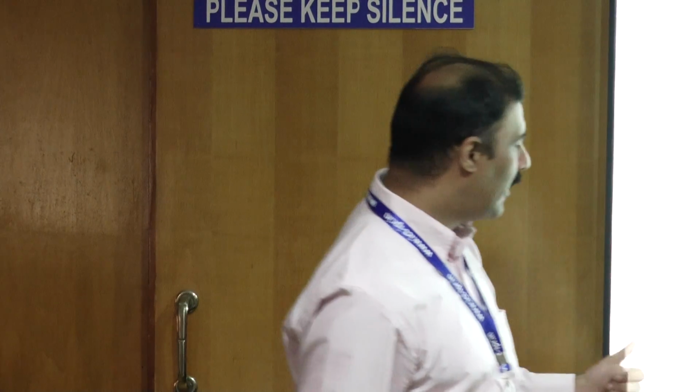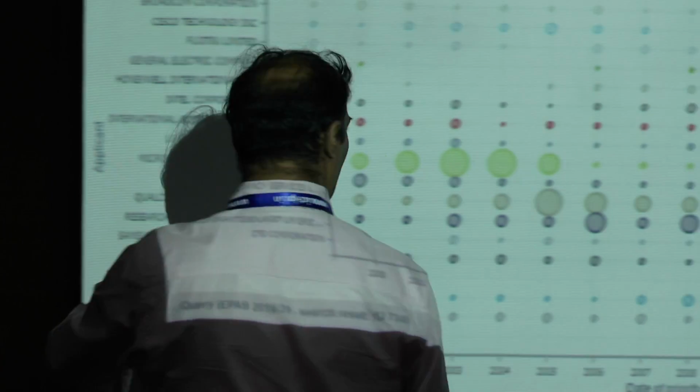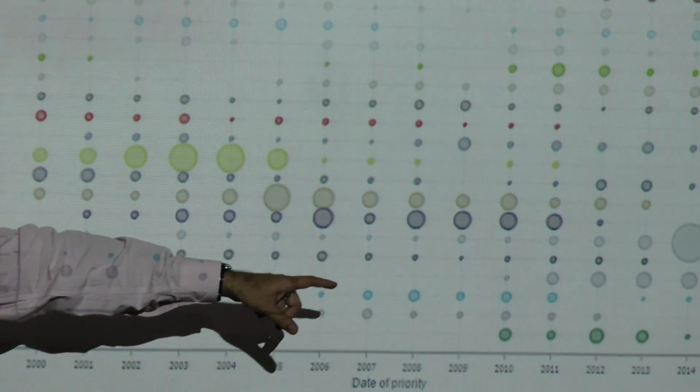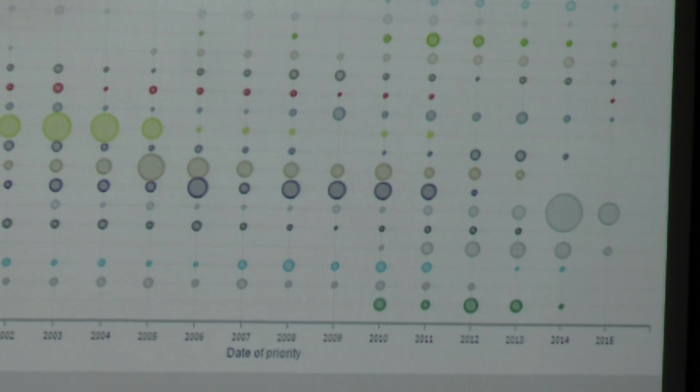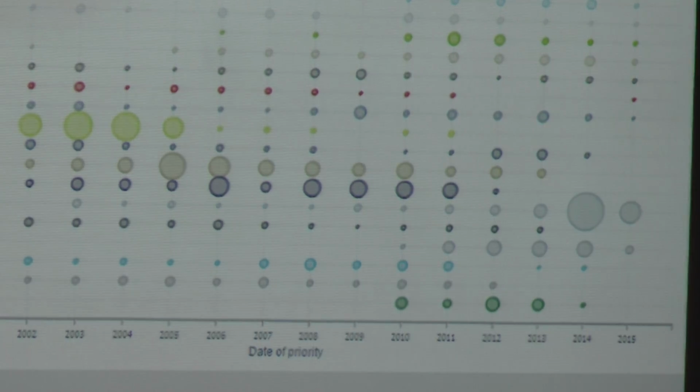A lot more information can be found. For example, suddenly Samsung Electronics filed a lot of patents in 2014. If it filed a lot of patents in 2014, there should be new product launches.